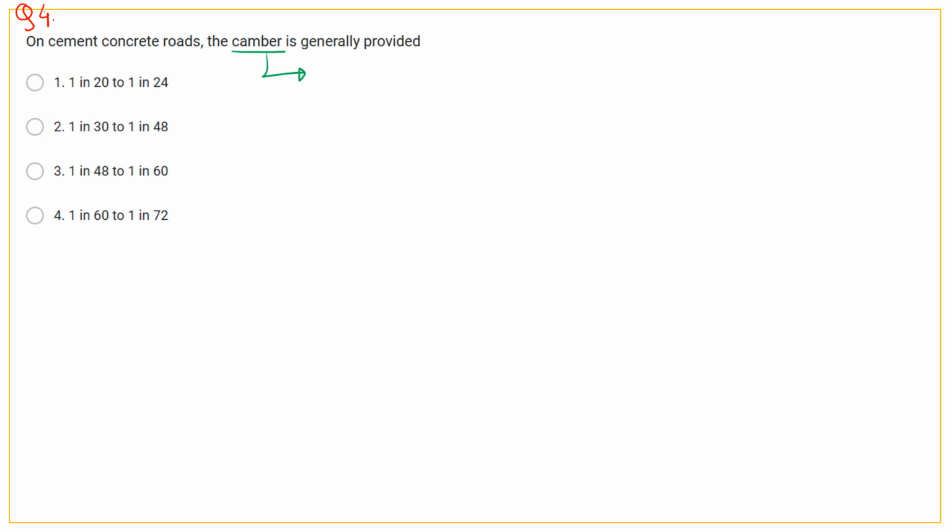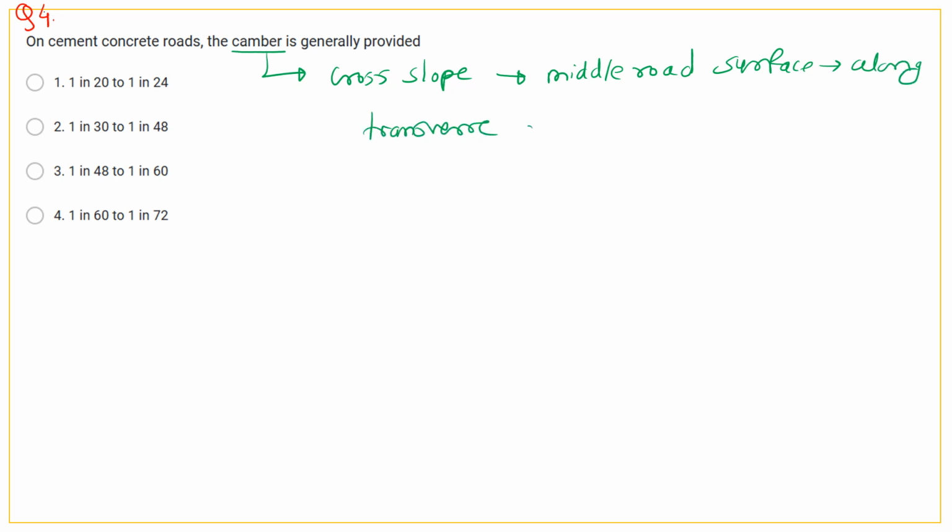Camber is nothing but a cross slope provided on the middle of the road surface along the transverse direction to drain off the water. For that this camber is used.